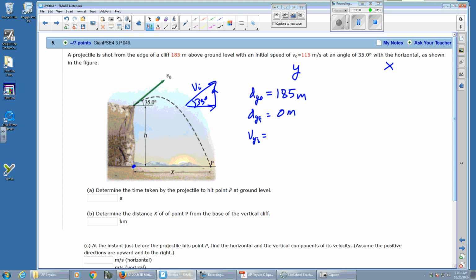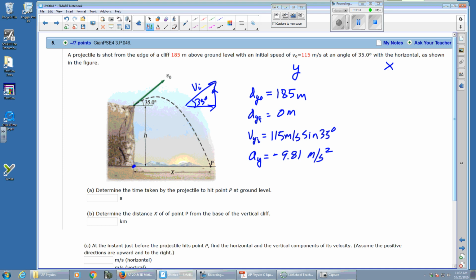So that would be whatever my V is, 115 meters per second times sine of 35 degrees. My ay is going to be negative 9.81 meters per second squared. I think that's about all I know about y.